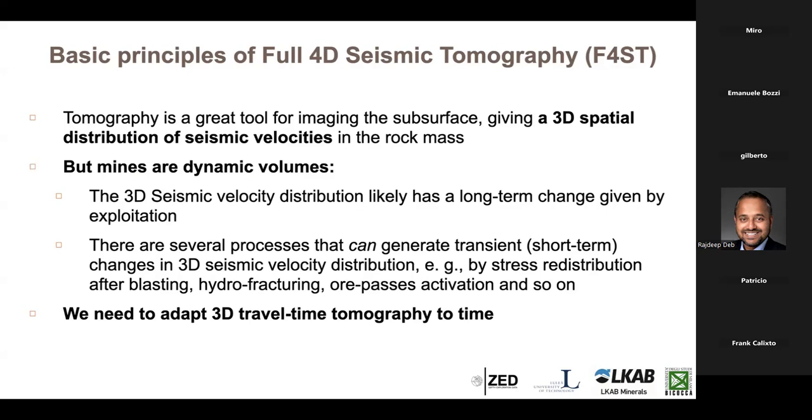Superposed to this, there are several processes that can generate transients, so short-term changes in this 3D seismic velocity distribution, like stress redistribution after blasting, hydrofracturing, as we will see, or pulse activation, and other processes. So we need to adapt 3D travel time tomography to time. Basically, standard travel time tomography is not going to work in time in mine environments.